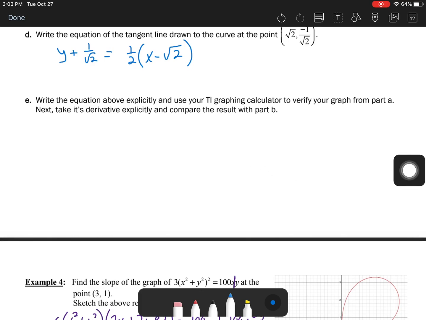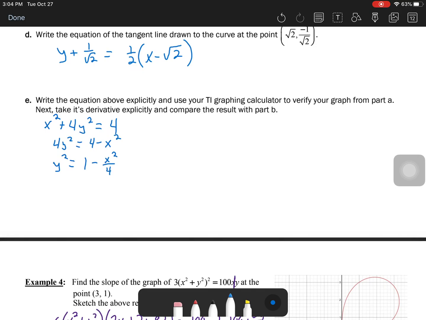Okay. Well, the original equation was x squared plus 4y squared equals 4. And so if I'm going to solve this for y, I would first subtract the x squared. So I'll have 4y squared equals 4 minus x squared. And if I divide by 4, y squared equals 1 minus x squared over 4.